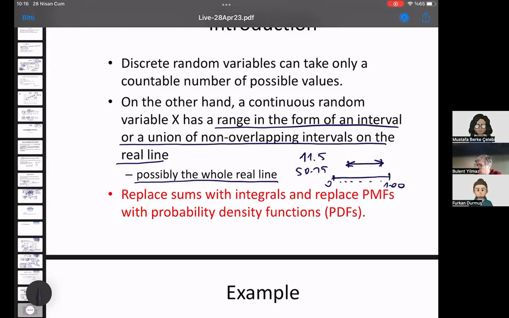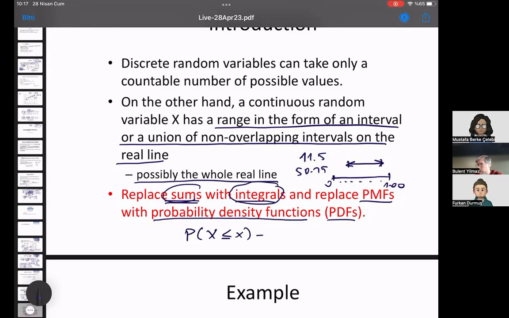In PMFs, arkadaşlar, we were always talking about sums, but in continuous random variables, we will be talking about probability density function and integrals, okay? Not sums, but integrals. What did we say? Probability of x less than or equal to x.